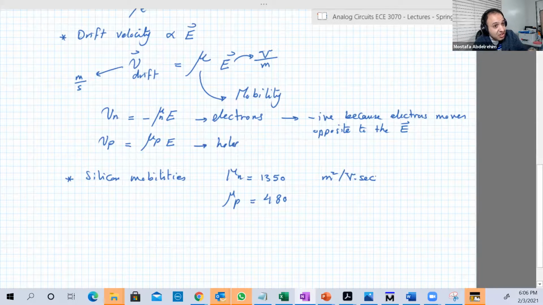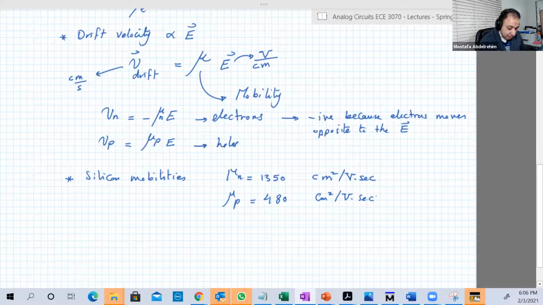So this 1350 is measured in centimeters, not meters. So this is centimeter square per volt second. That means when they did that measurement, the speed was in centimeter per second, and the electric field was volt per centimeter. Of course, meter and centimeter is just a matter of multiplying by 100 or dividing by 100. And again, for the holes, it's centimeter square per volt second.